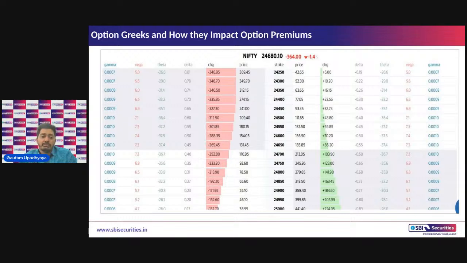And the last one is theta. You can see the theta value as well. It basically means, for an option buyer, if the option stays at the same level on that particular day and the theta value is, suppose, 30-35, it basically means that your option premium will erode by 35 rupees by the end of the day. So if your option premium is 150 and today's theta value is 35, it basically means that by the end of the trading day, 150 minus 35 is what you're going to be left with. Your view has not changed, the index has not gone anywhere, it's absolutely at the same level, but theta is a friend of the option seller and it is negative for the option buyer.